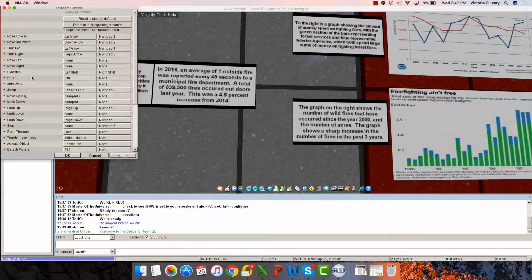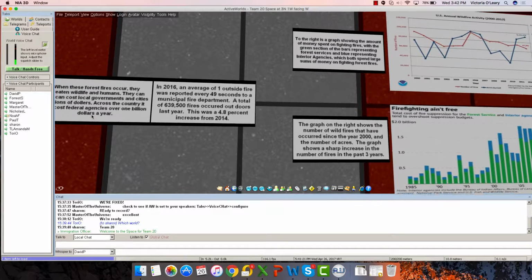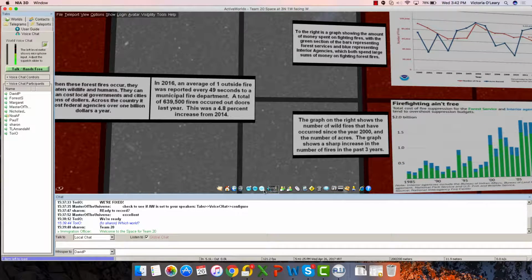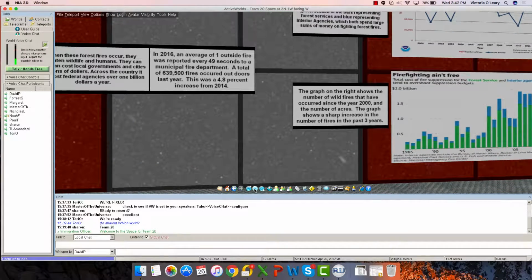So as you can see on the graph above, with the red line representing the number of fires, that has gone down slightly, but the blue line that represents the acres burned has gone up dramatically since 2010 to around 9,221,639 acres burned in 2012.